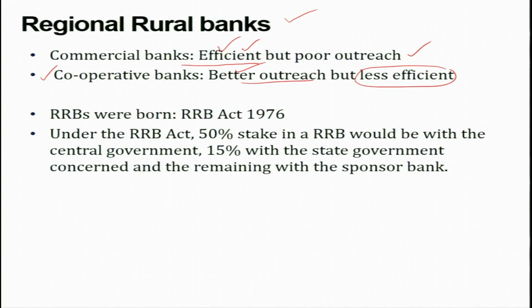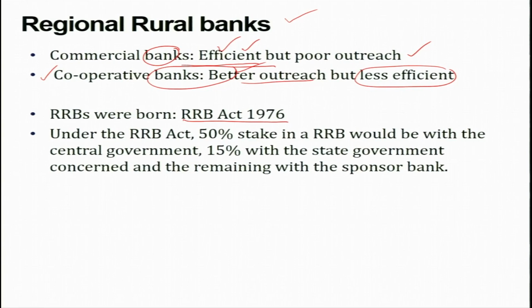So the idea came up that the efficiency of commercial banks and the outreach of cooperative banks should be brought together, and as a result RRBs were born through the Regional Rural Banks Act of 1976.